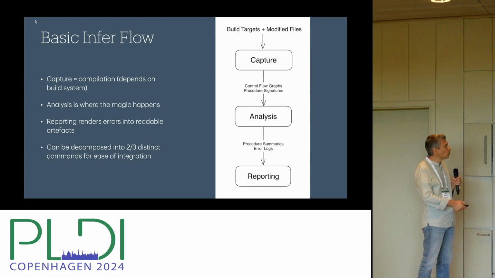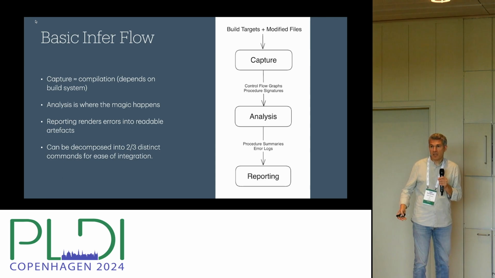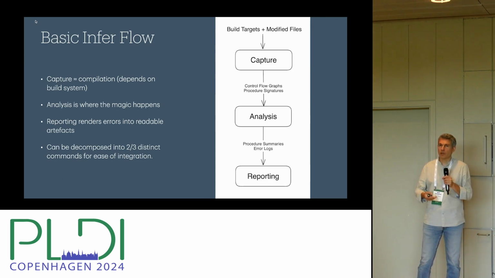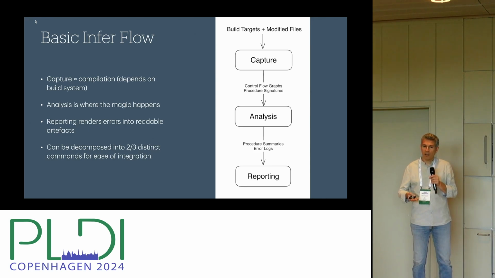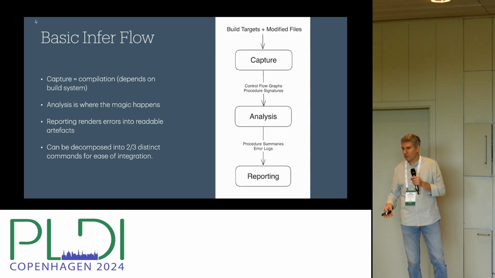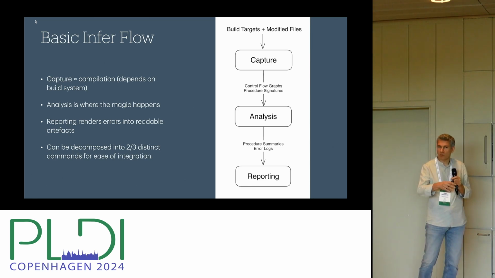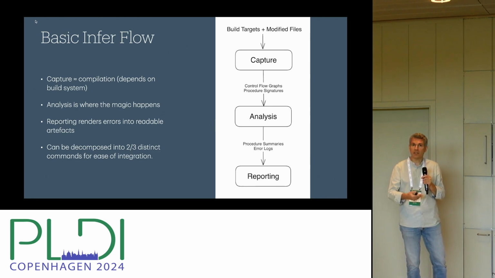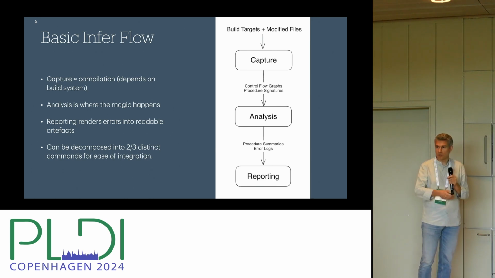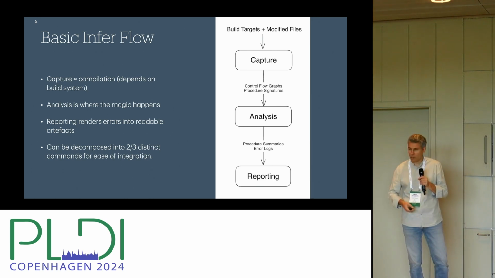Here I've written modified files, but really that should mean maybe a subset of the files that your code base consists of that are of interest to you. Maybe you don't want to analyze everything in your code base, so maybe that's a commit. So you only want to analyze starting from a small set of files and then branch out as needed.